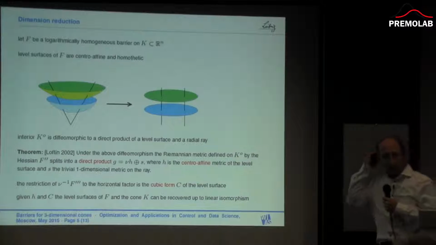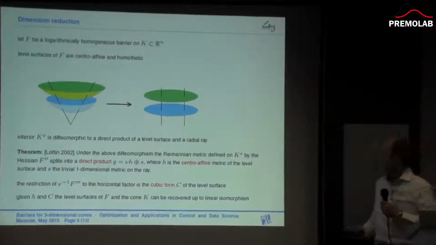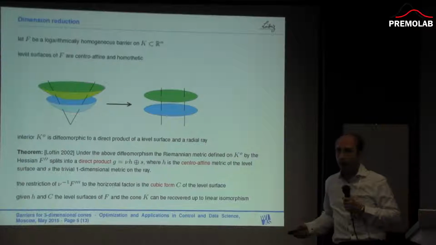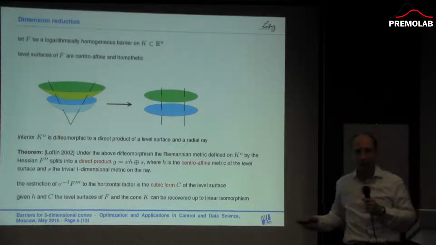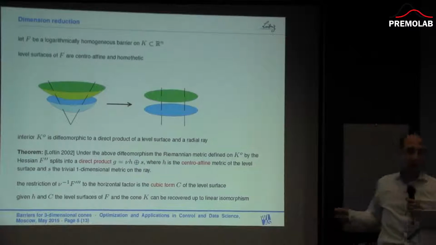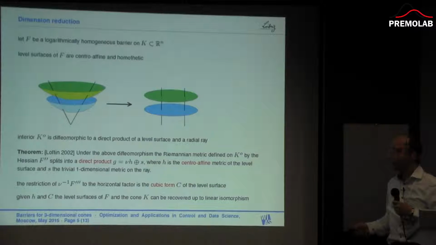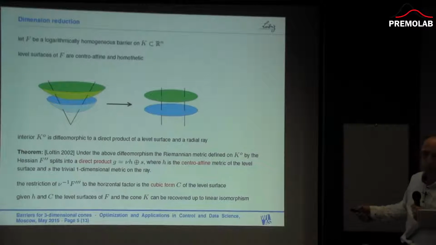Okay, so now we come to the structure of the Riemann metric. The second derivative defines a Riemann metric on the interior of the cone, and the interior of the cone has a natural foliation. On the one hand, we can foliate this interior into level surfaces of the barrier.